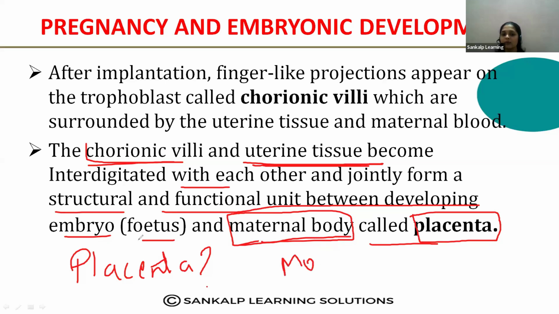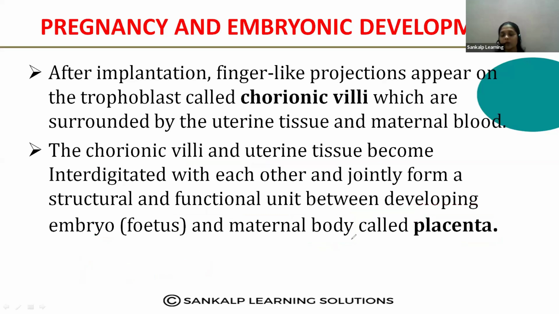In between the fetus and the mother's body, that is called the placenta. So a 1 mark question is also asked: what is the placenta? And what are the hormones? What are the functions of the placenta? The placenta is the structural and functional unit between the developing embryo present in the uterus and the mother's body. So that is the connecting link. That is called the placenta.